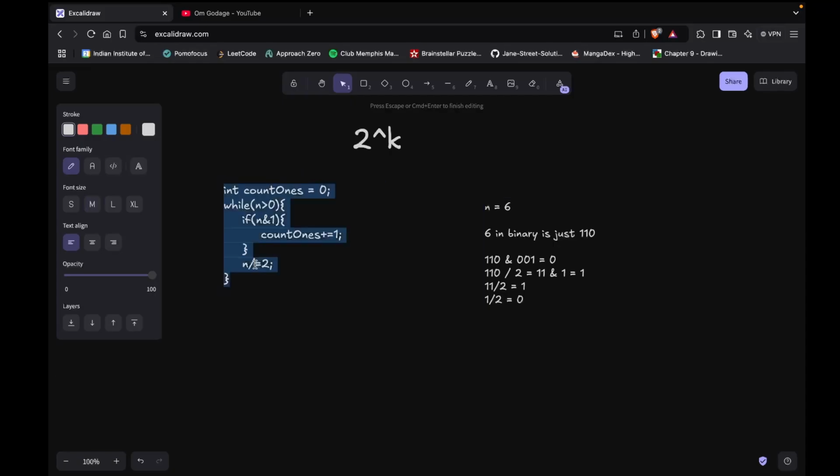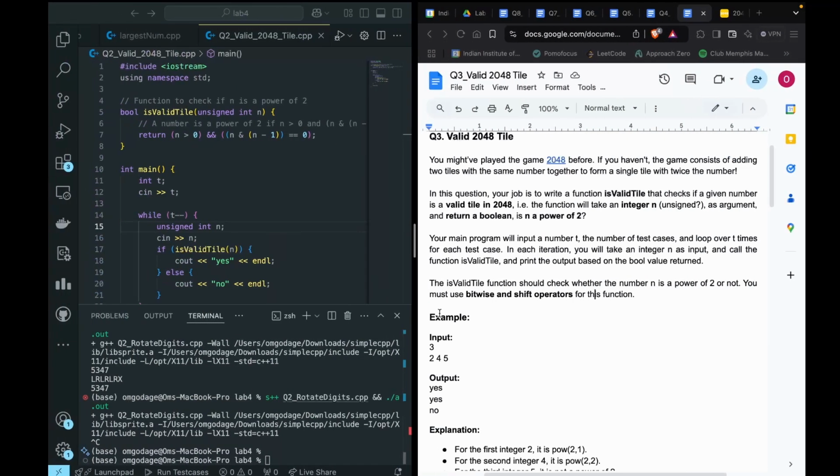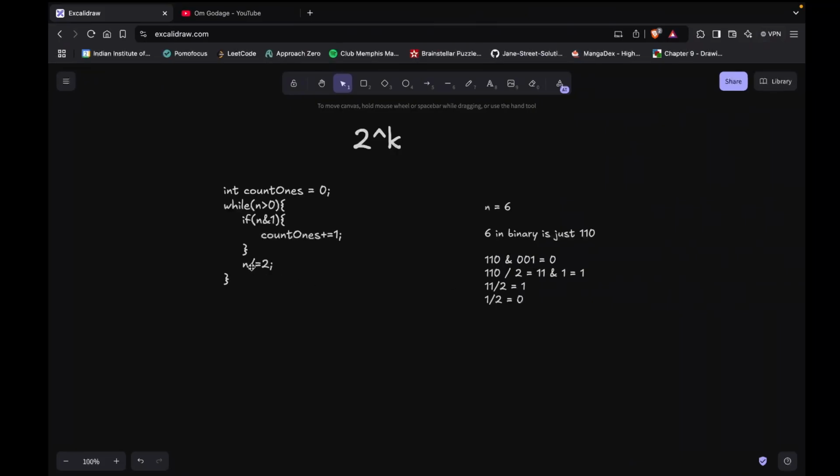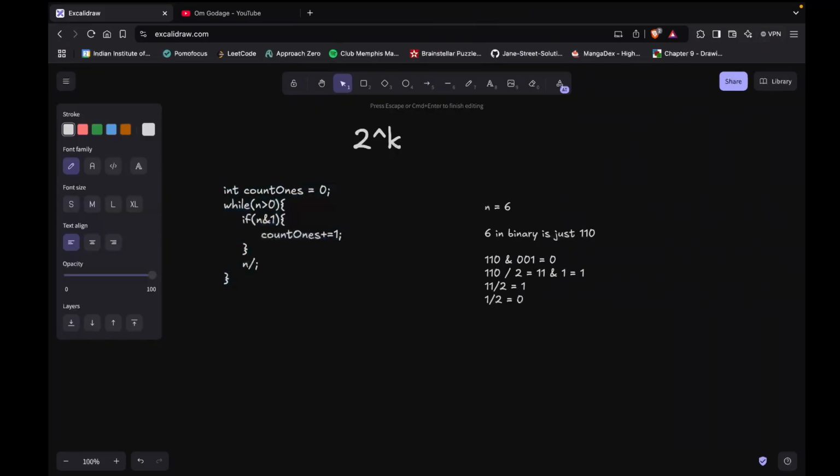Since they have told you to not use other operators and to use bit shift operators, instead of dividing this by 2, what you can do is bit shift this to the right by 1, which is the same as getting rid of this number.